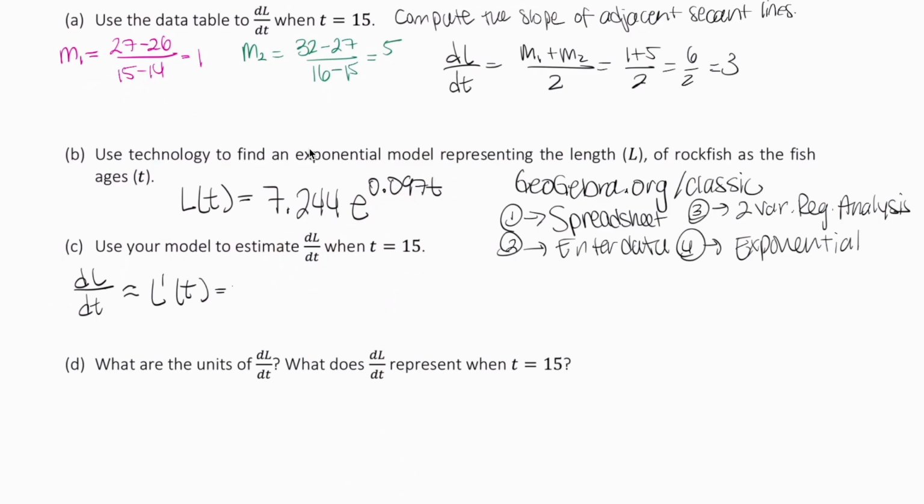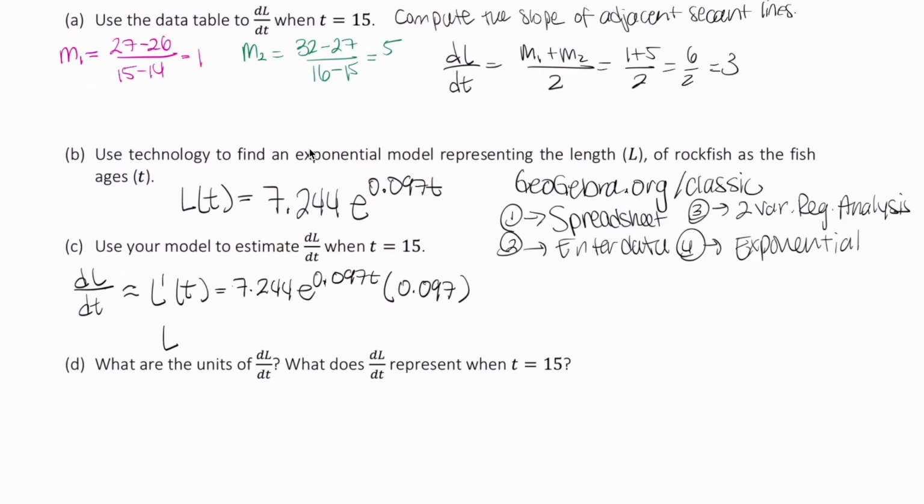So the derivative works out to be 7.244, and then we have e to the 0.097t, and then we multiply by the derivative of the inner function, the linear portion, and that's just going to be 0.097.